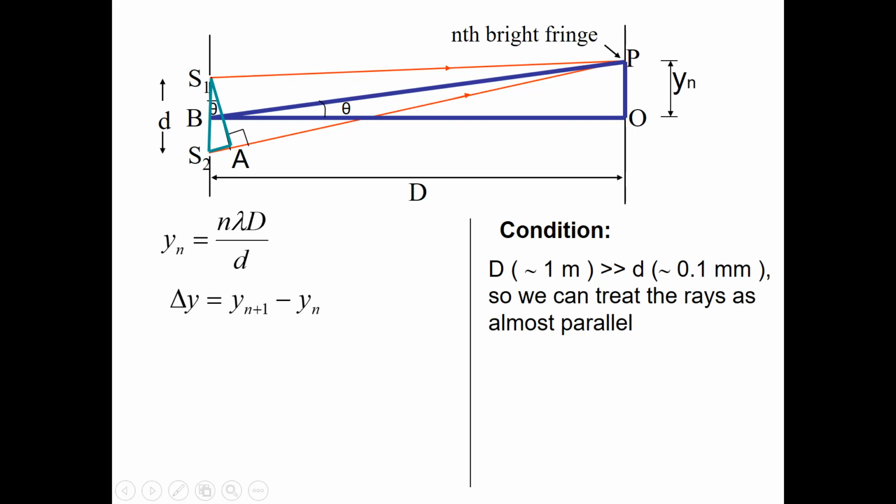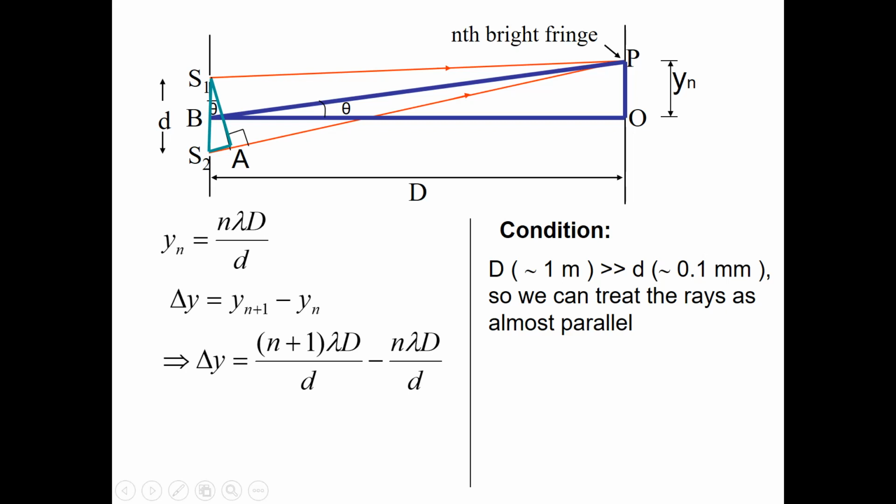If I want to find delta y, it will be the distance from the n plus 1 order bright fringe to the n order bright fringe. So if I use n equals 1, here it will be y2 minus y1. So typically it's the distance between successive bright fringes. To find delta y, I just need to make use of this formula.